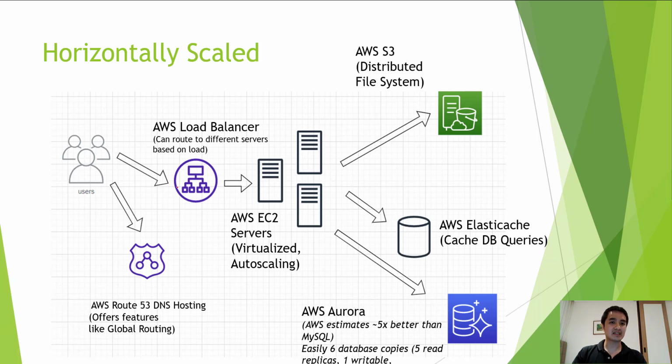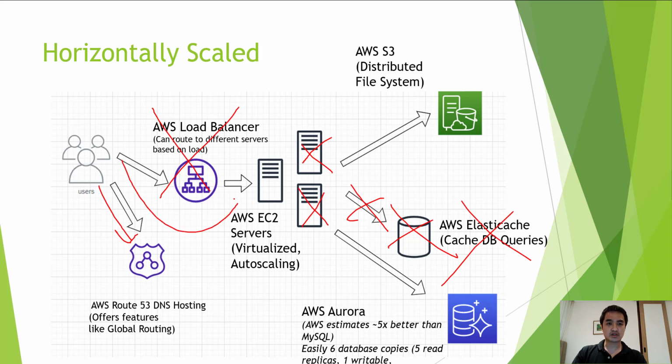What we haven't set up yet is the load balancer. So this is not set up yet, and we only have one server. Okay, and we're not using ElastiCache. So what happens is when the user accesses the site, first it checks Route 53 for the IP address. It goes to the correct EC2 server, and the EC2 server only stores Apache and PHP.